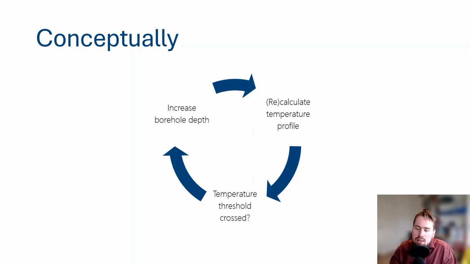If this is not the case, we drill a little bit deeper. We recalculate the temperature profile, and this process we keep iterating until we converge to a solution in which the temperatures of the fluid stay between the minimum and the maximum threshold we have set. Now, this is how it's done conceptually.